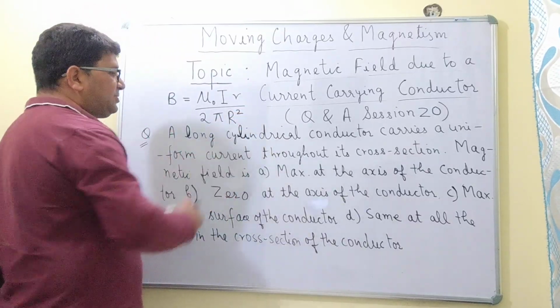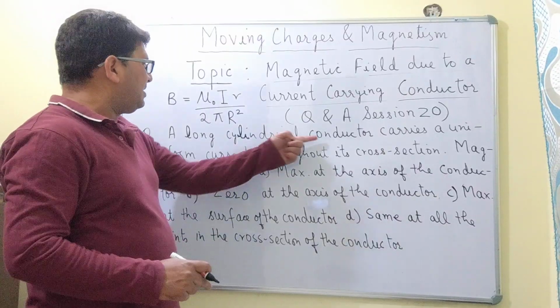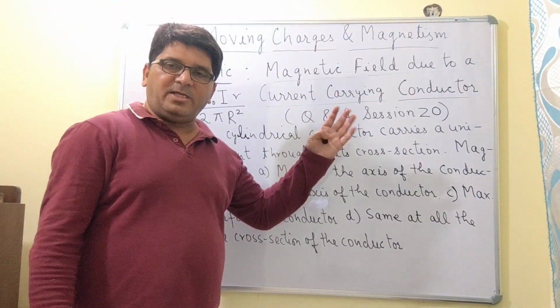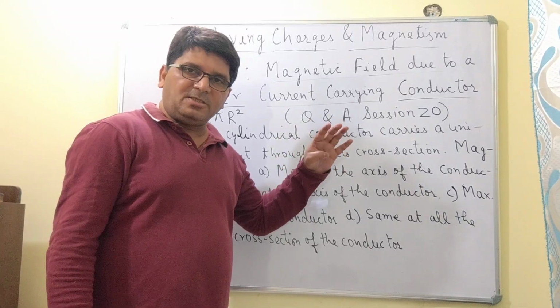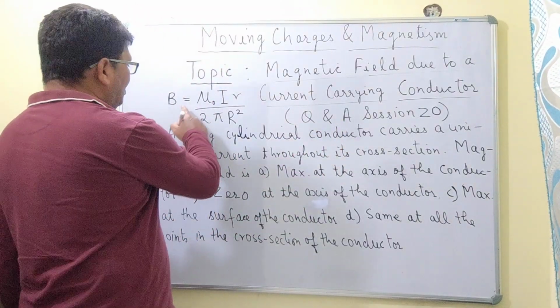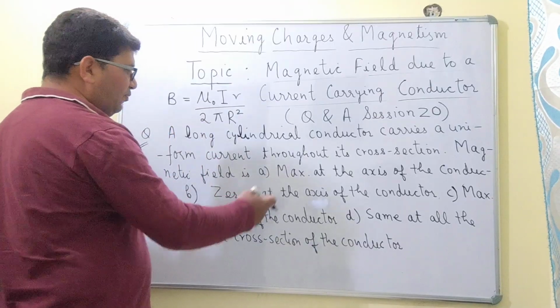Here capital R is the radius of the cylindrical conductor, and small r is the radial distance of a point inside the conductor from its axis. So by using this formula we will be able to find the correct options.